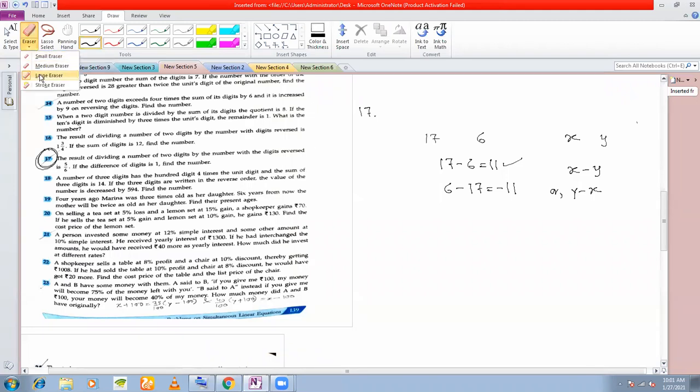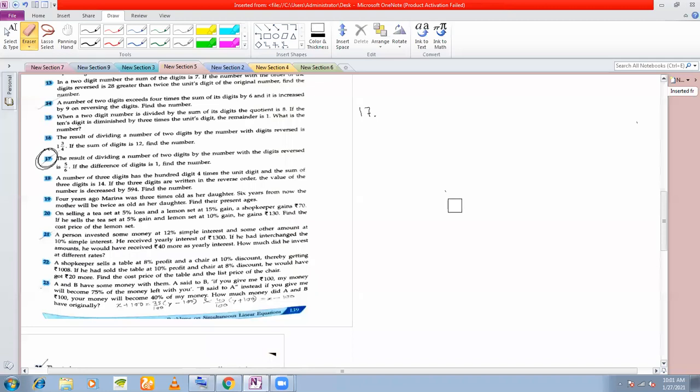Okay, so with this concept we shall start. If you see the next statement, it is confusing. That is, if the difference between the digits is 1, now you don't know which digit is greater. But there is a way to find out which digit is greater. That is given in your first sentence.